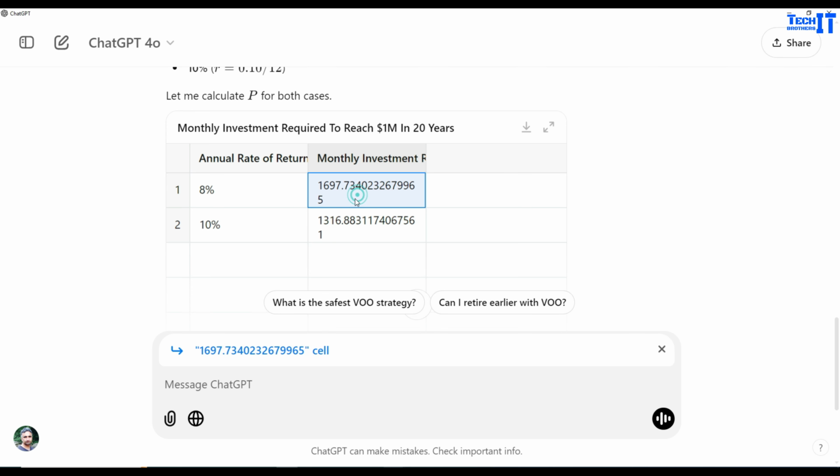Let's say, so what you are telling me, I don't have 1,697, I don't have 1,316, but I have only $500, okay, and I want to make $1 million. If I invest $500 each month, how many years will it take me to make 1 million, okay, in VOO?